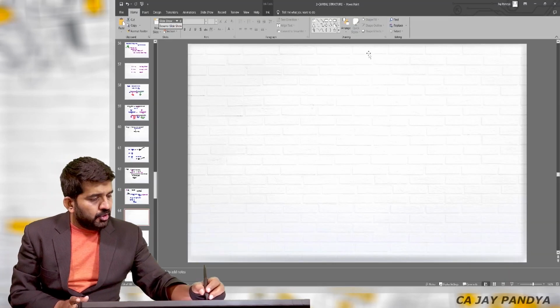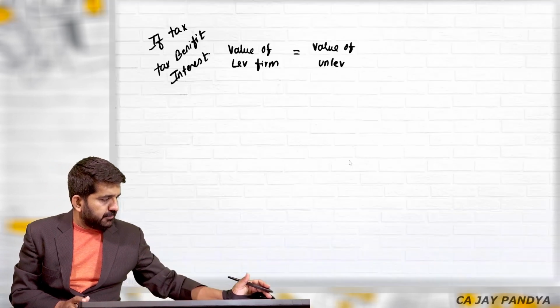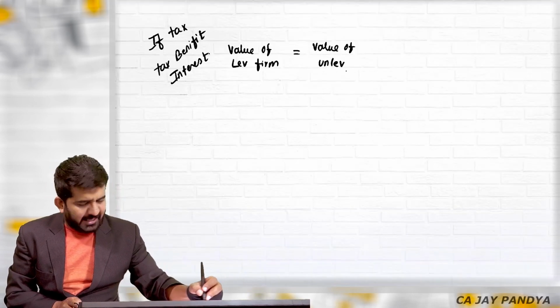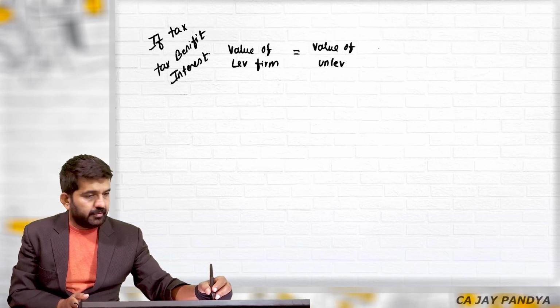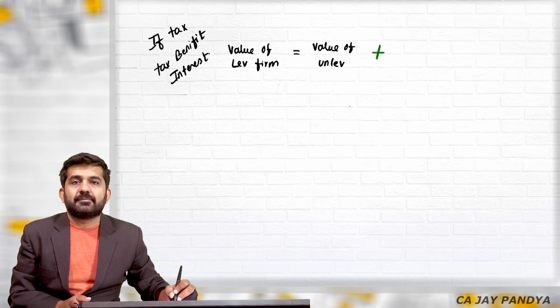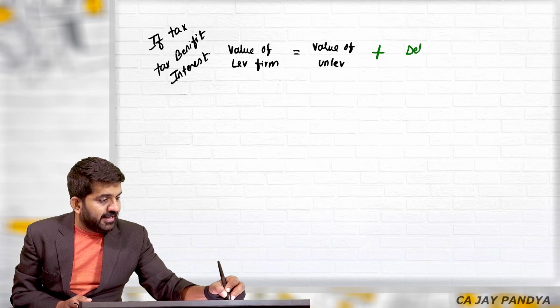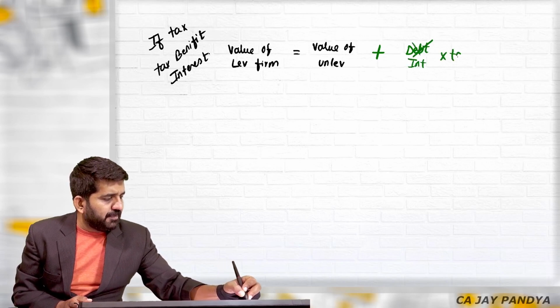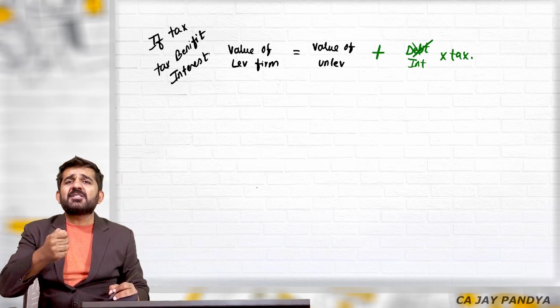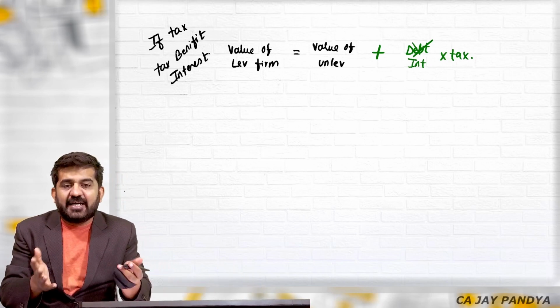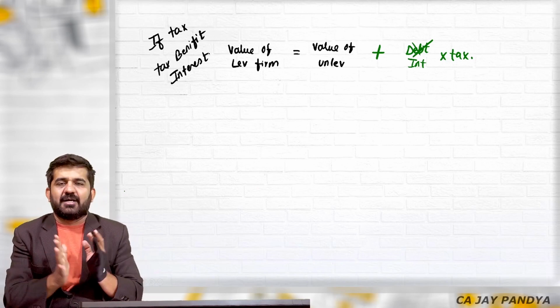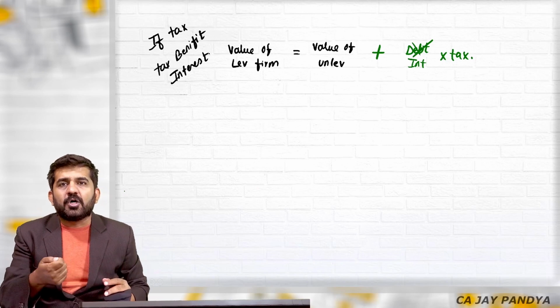So here we should calculate plus interest multiplied by tax rate, because the tax benefit is on expenditure and not on the value of debt. So this is an excellent question. Let me answer this. Try to concentrate.